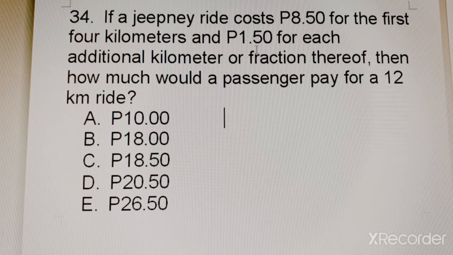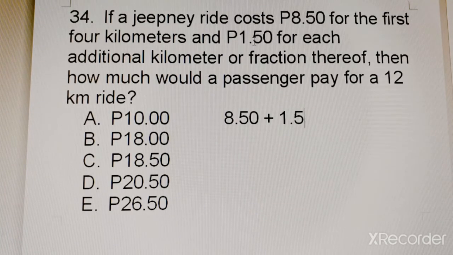So from our problem, we have the base cost for the first 4 kilometers is 8 pesos and 50 centavos. Then an additional 1 peso and 50 centavos for each kilometer. So for a 12 kilometer ride, 12 minus the 4 kilometers as the base distance at a base cost of 850.